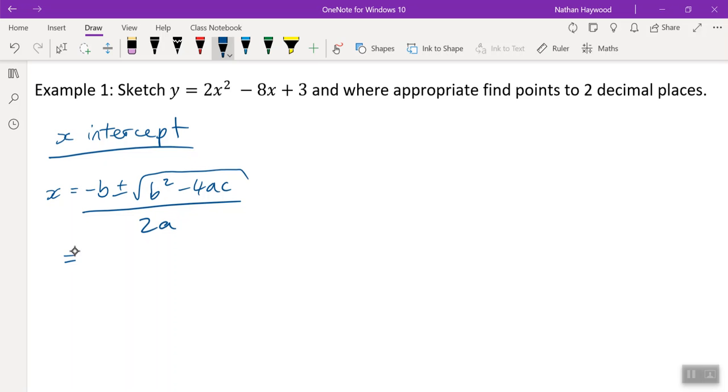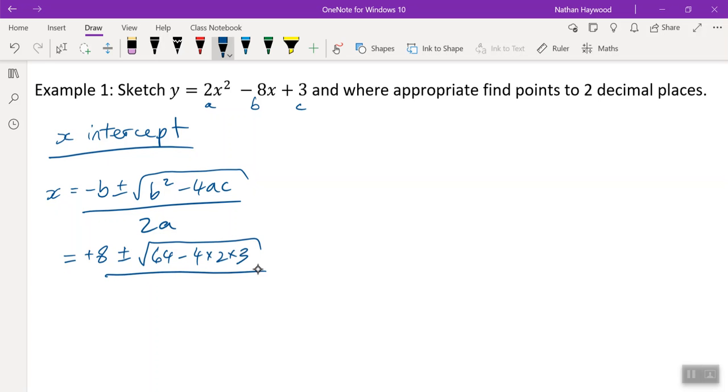Sub in the b value. B becomes positive 8. Negative 8 squared is correct. A is 2 and C is 3.